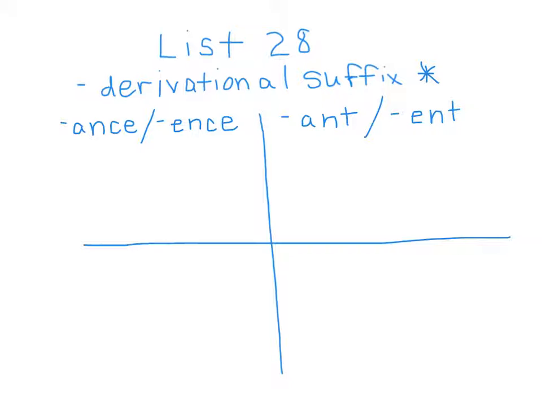The derivational suffixes we'll study in this lesson are ance and ence, which both mean the condition or state of, or the act of, and then the suffixes ant and ent, which mean performing or causing a specific action, or being in a specific condition, or one who does or causes a specific action.